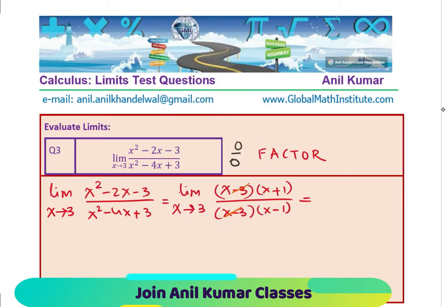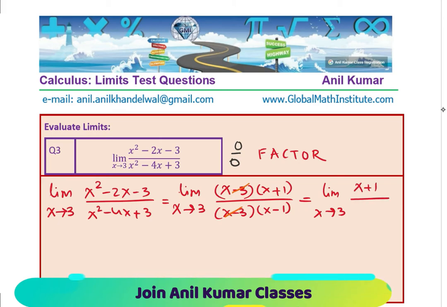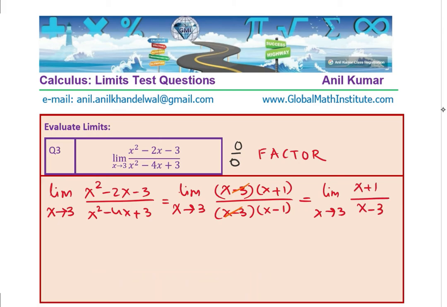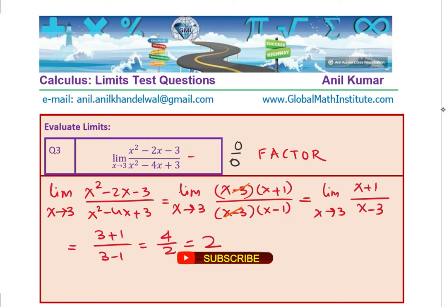And now x minus 3 cancel. So it simplifies to limit x approaches 3, and we are left with x plus 1 over x minus 1. Substituting 3 now gives us 3 plus 1 over 3 minus 1, or 4 over 2, which is 2. So this limit is 2.